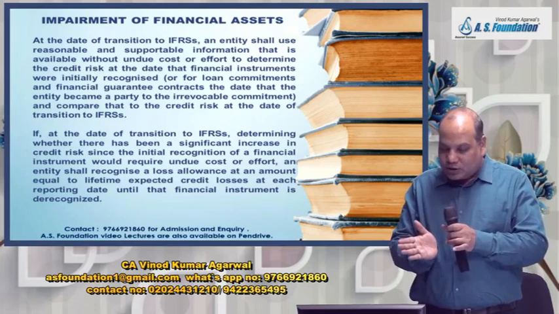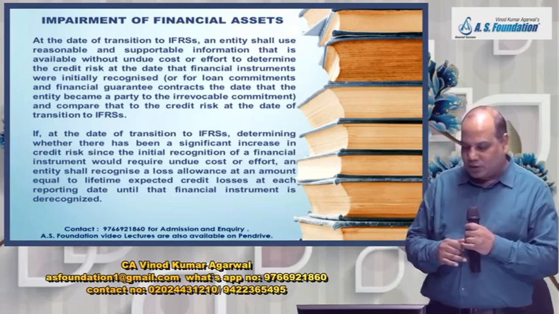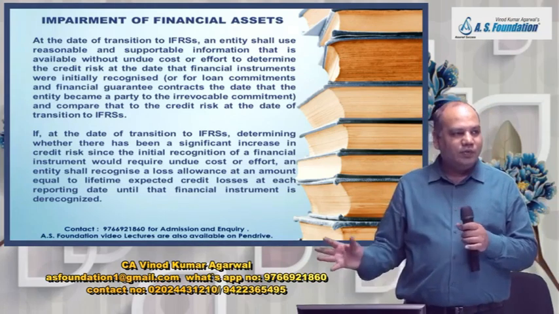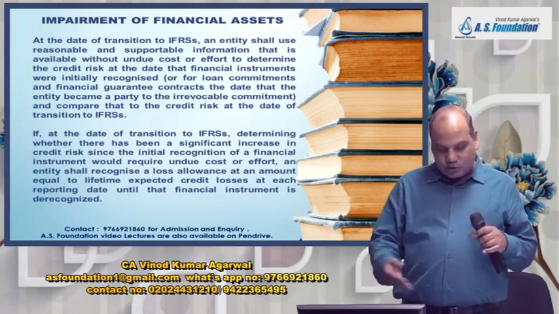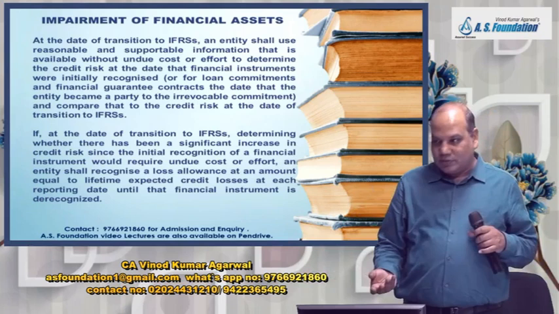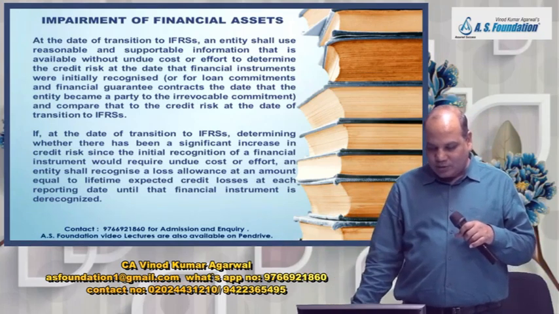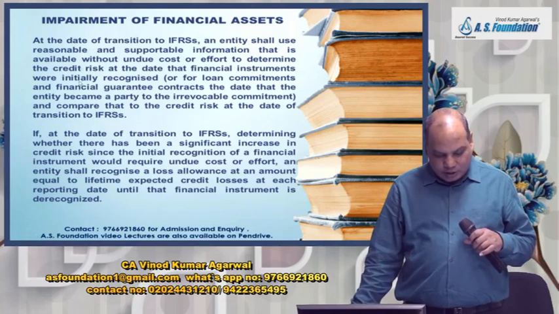So many countries still follow the old method of accounting of financial assets. Like in India, under Indian GAAP, there is investment accounting. So if they switch to IFRS, so many things they will have to revise. Right? Classification, measurement, impairment, etc. So impairment of financial assets. I'll read and I'll explain.